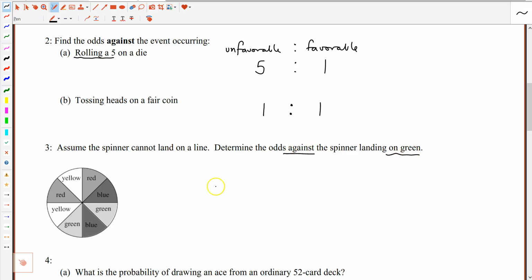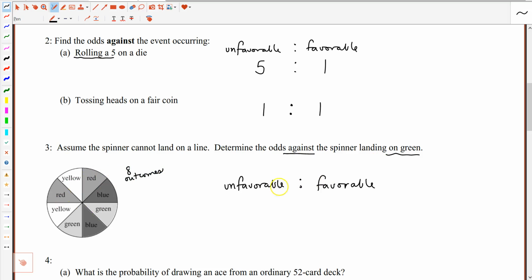So because it's against, we're going to list the unfavorable outcomes first, or the ways that green does not happen, and then we're going to list the favorable outcomes second, or the number of ways green does occur. Now notice each sector in the spinner has the same area, so each sector is equally likely. So when you spin the spinner, there are 8 outcomes total, or 8 sectors it could land on.